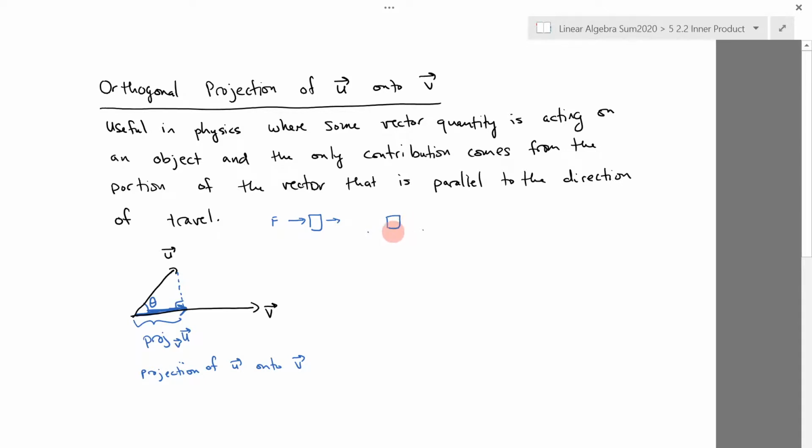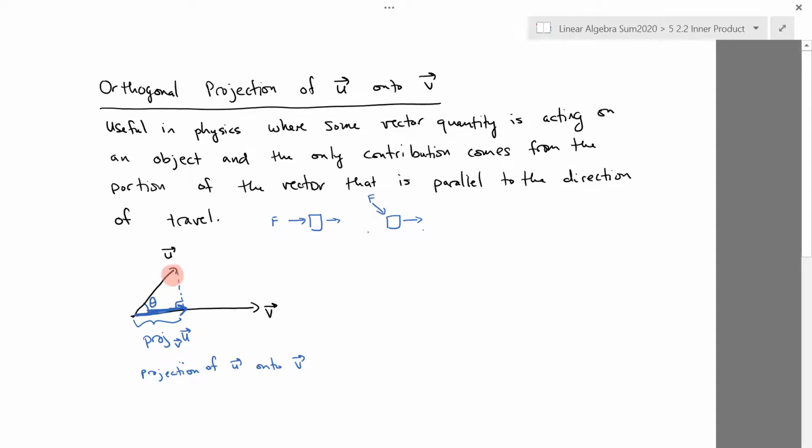But if the force is not parallel to the direction of travel, then only some of the force contributes to the motion. Okay, so this is the situation we want to discuss.